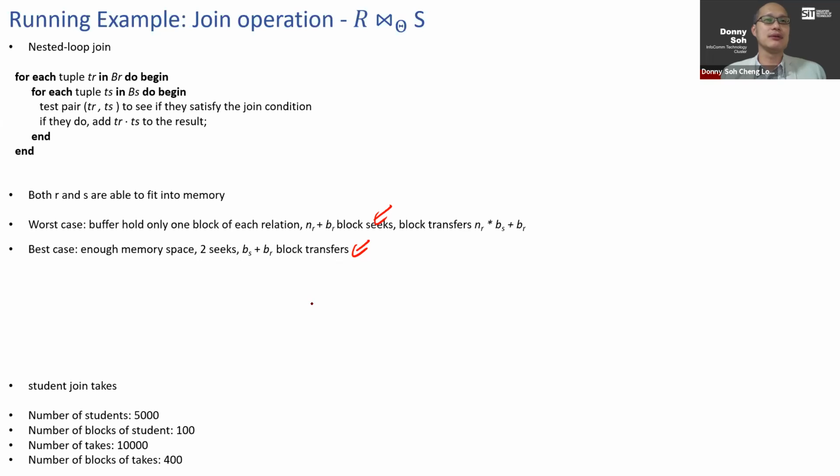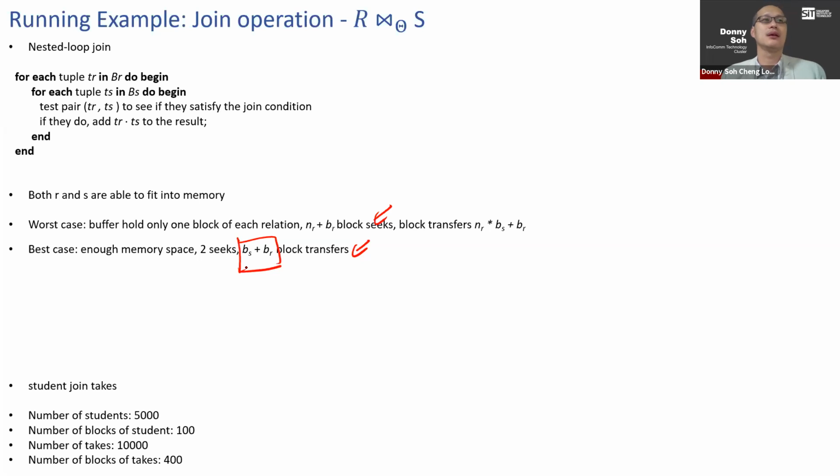In the best case scenario, what is going to happen is that you will just transfer the number of blocks from table S and number of blocks from table R into memory, and then after that you'll do the so-called comparison tuple by tuple for all the blocks.